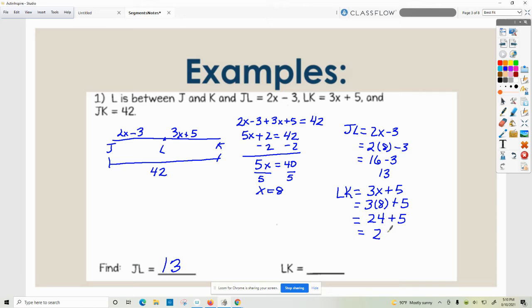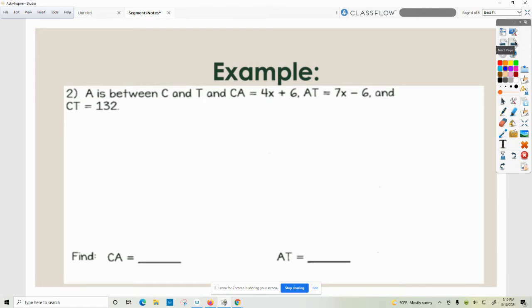So the length of L to K would be 29. So I have to find the value of x by using segment addition, then I can substitute it in and tell you the length of each one. So let's do one more.